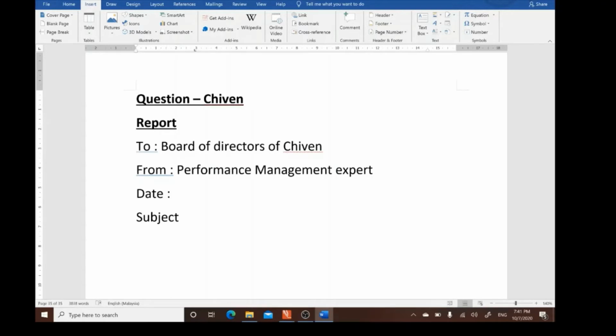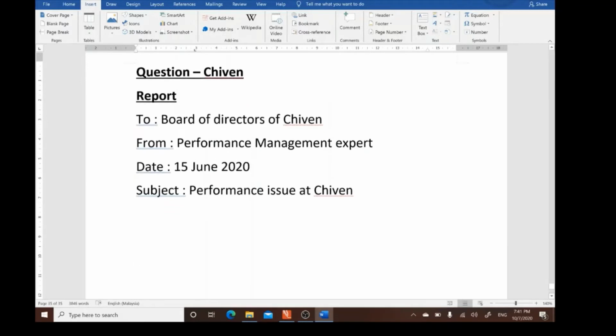We try not to include that and try to play the role of the consultant or the performance management expert for the company. Date wise, you can state, for example, assuming 15 June 2020, if that's the exam date. And subject wise, what we can do is to state the performance issue at Shiven. That's good enough.